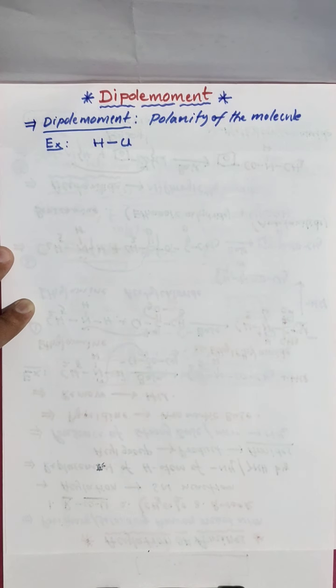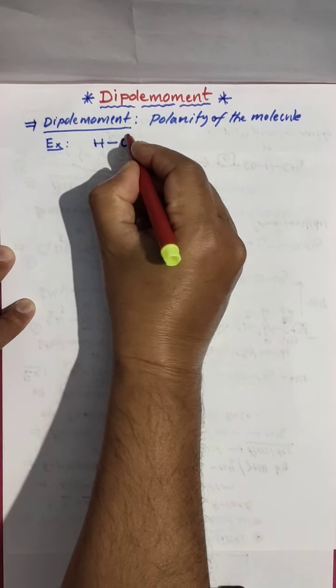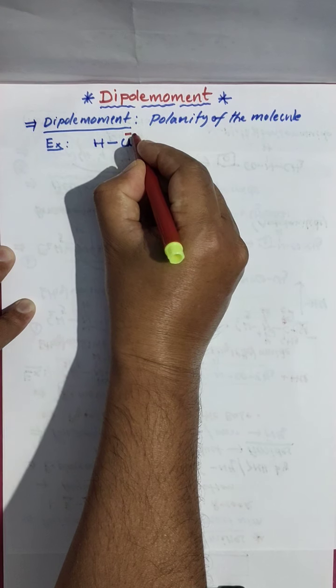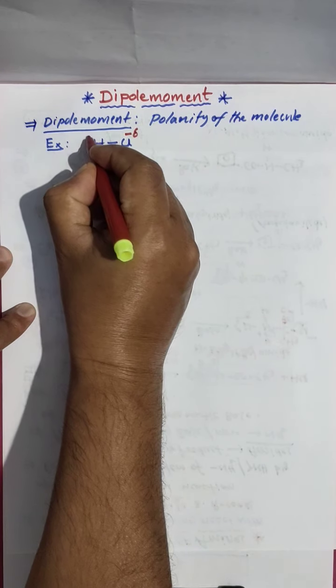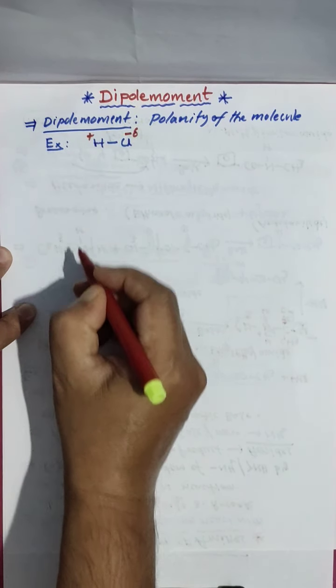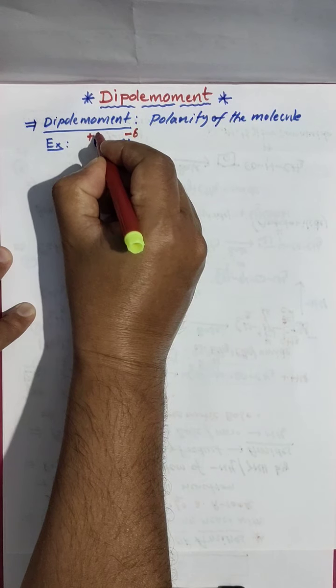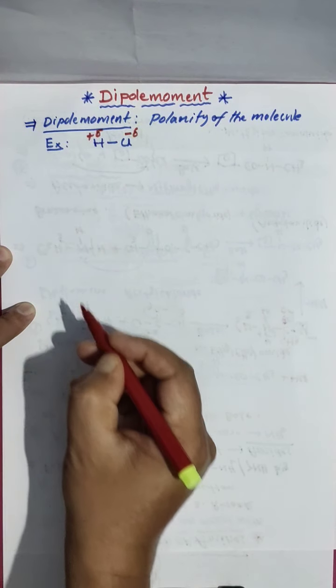In hydrogen chloride, this is more electronegative, temporary negative charge, del minus. This is less electronegative, temporary positive charge, del plus.